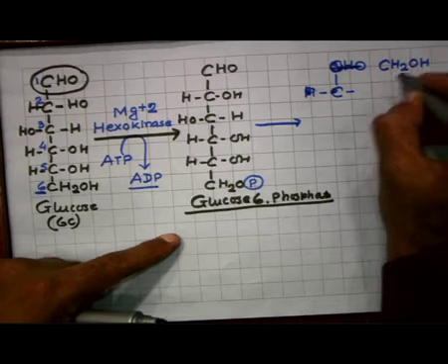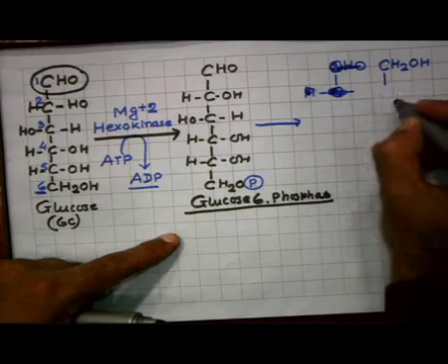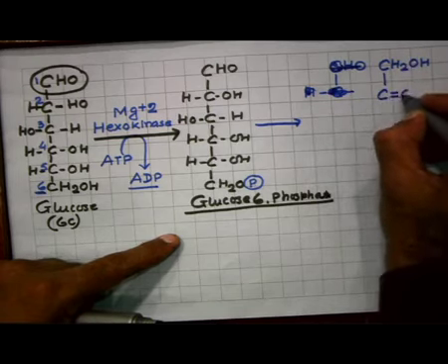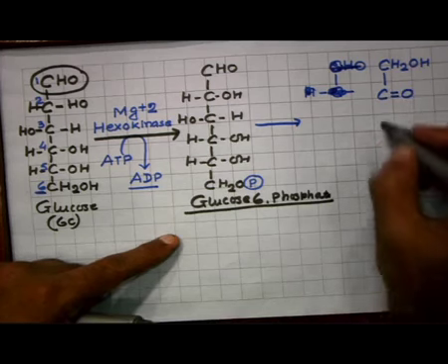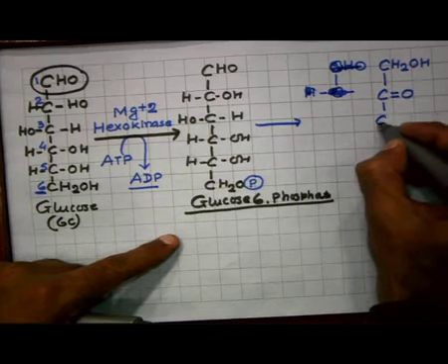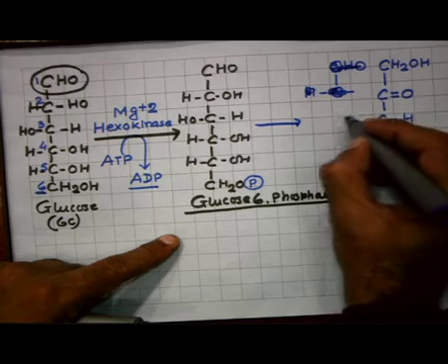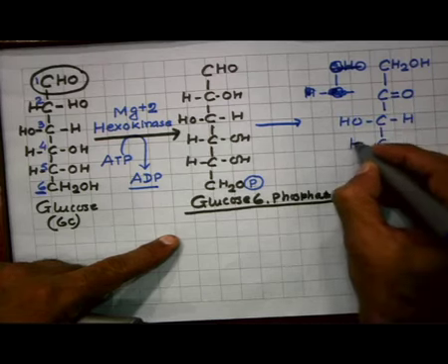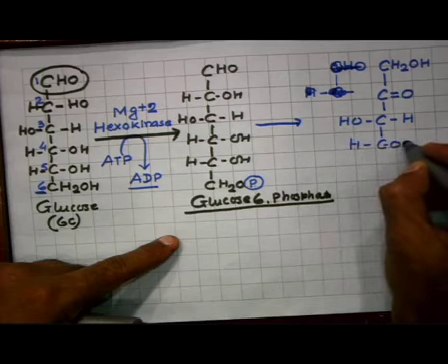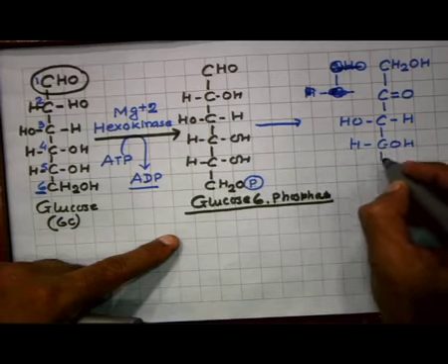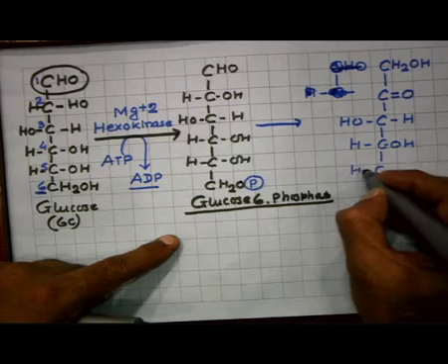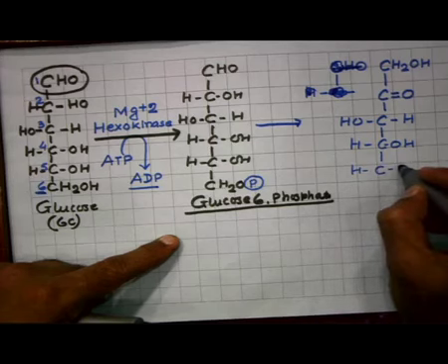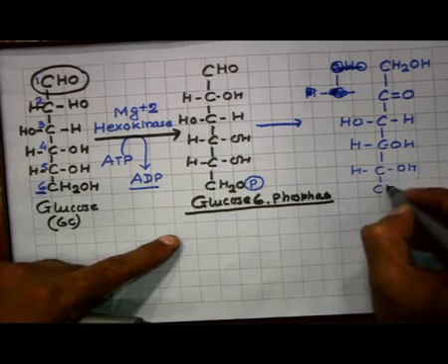So, it will be written as, here the ketonic group CO, fifth same, HOH and sixth one will be the same.